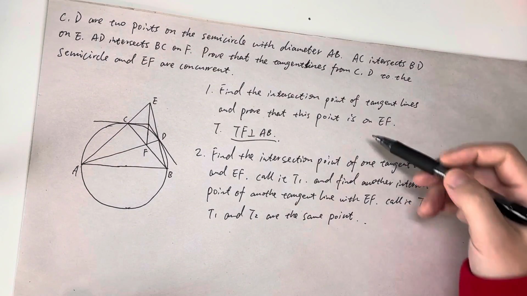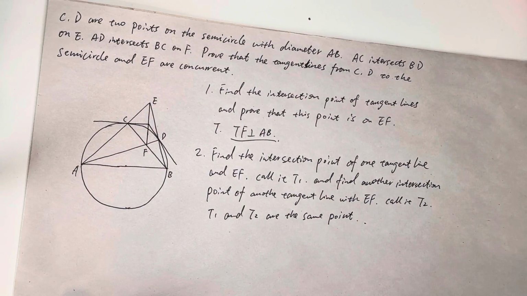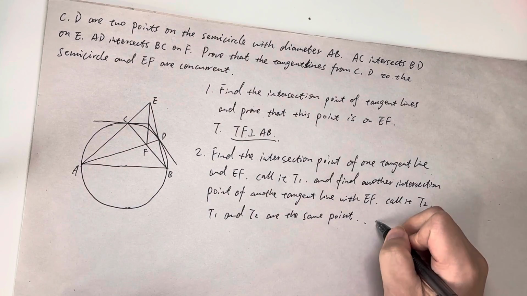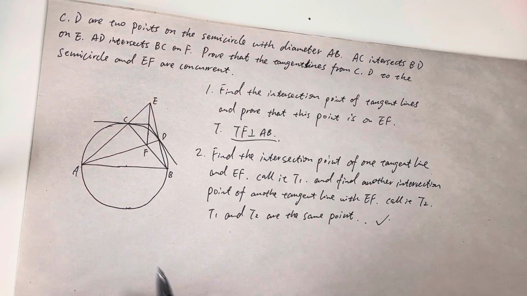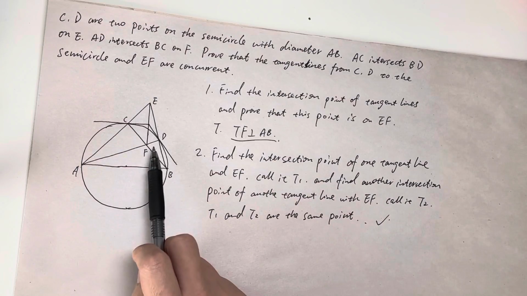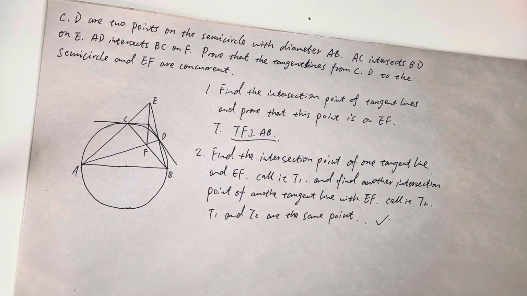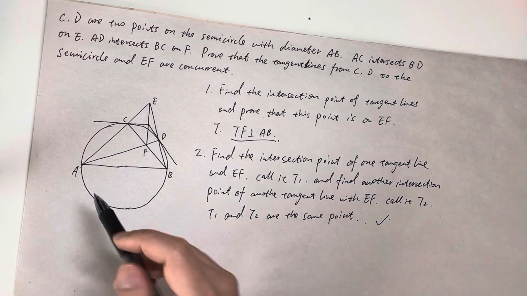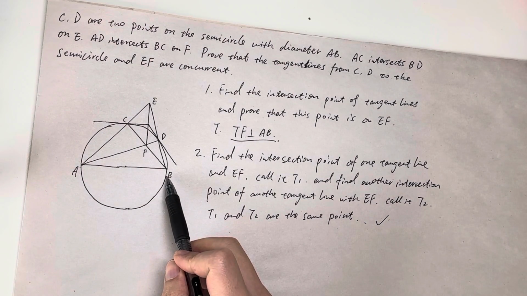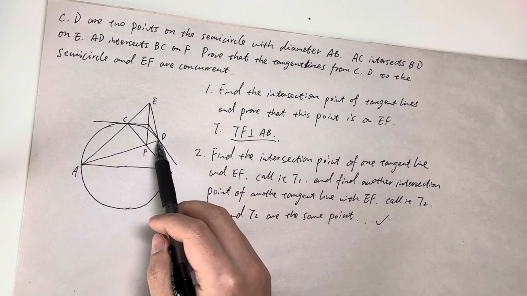And you can compare which way would be easier to solve this problem. I believe this way is easier, right? Because we already know that C and D are like a pair in the whole figure, right? For example, A and B is a pair, C and D is a pair.